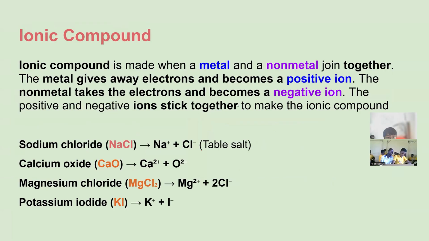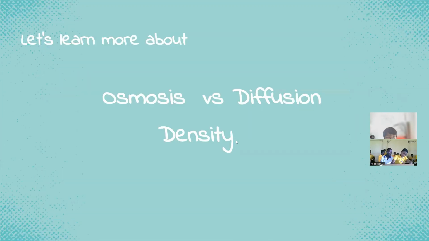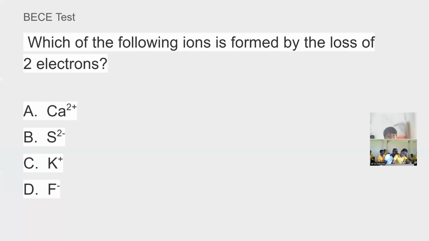I think we have a couple more things to go. So let's solve this question, a really quick one. Which of the following ions is formed by a loss of 2 electrons?